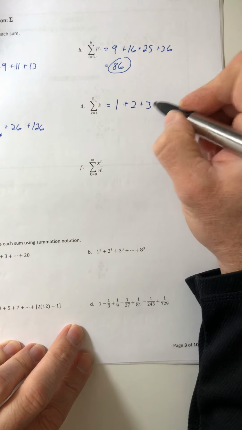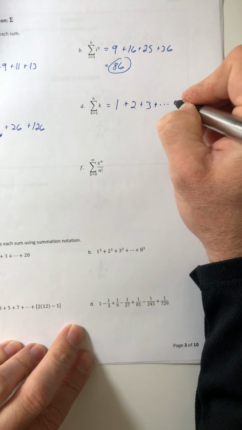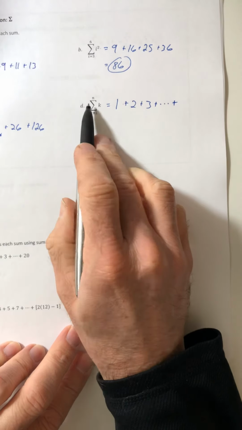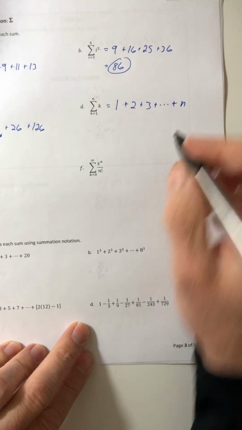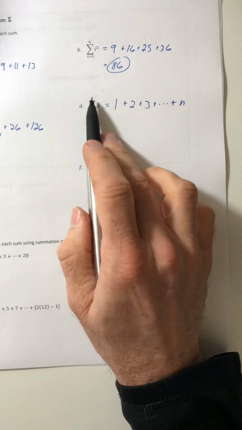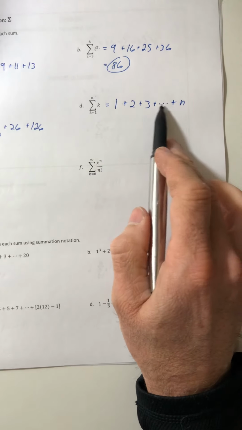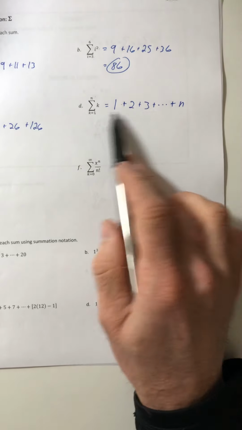So get 3 terms out of this, and then you're going to go plus dot dot dot plus, and then you're going to plug the n in for k. In this case, it would just be n. And you would just leave it like this because you don't know what n is, so you don't know where you're stopping. So you just leave it like that.